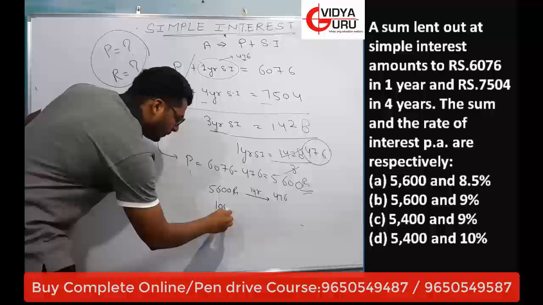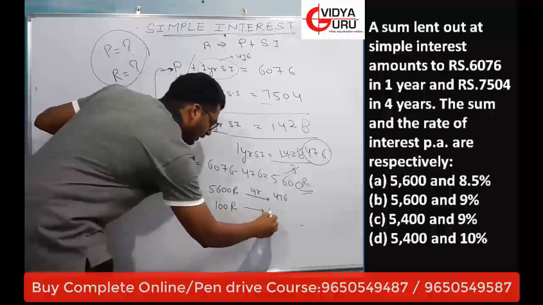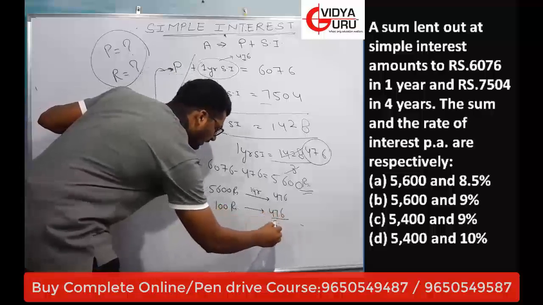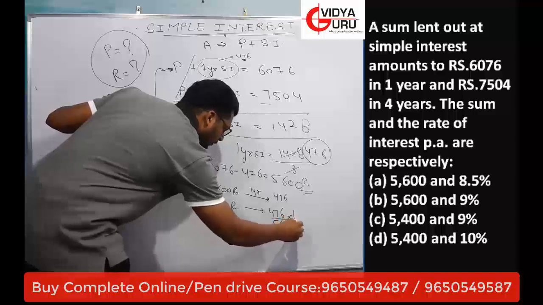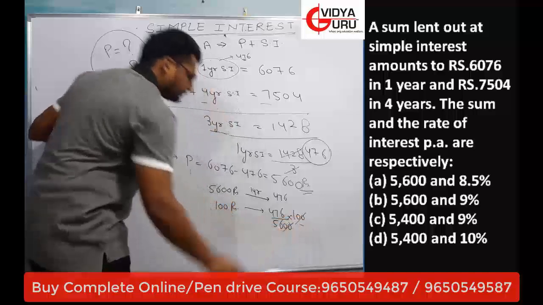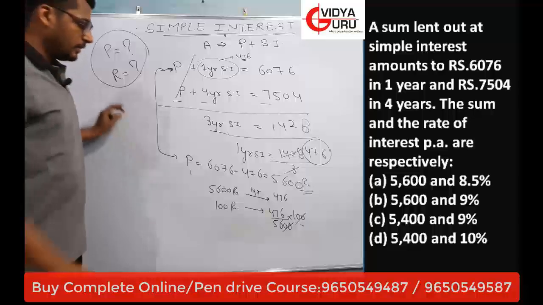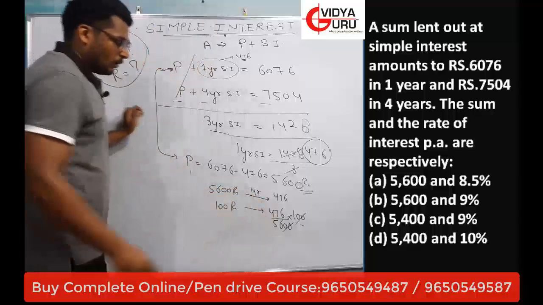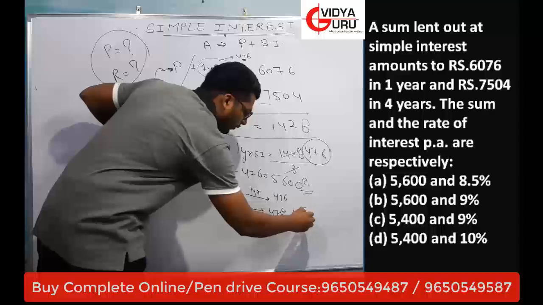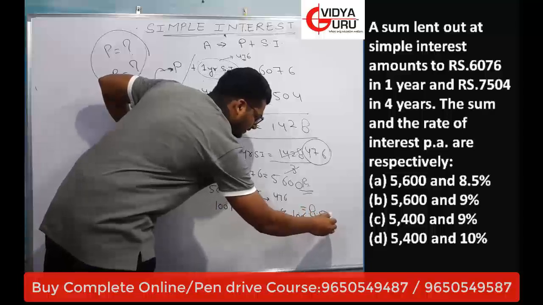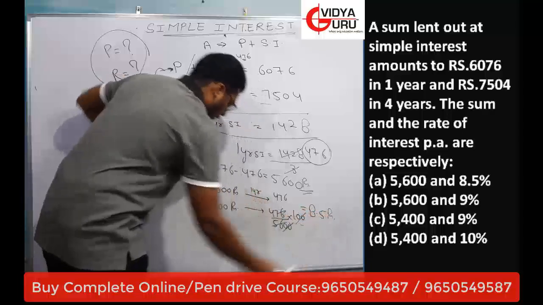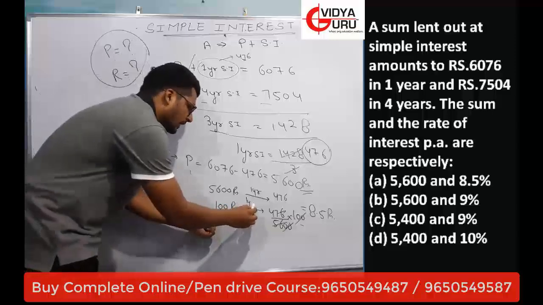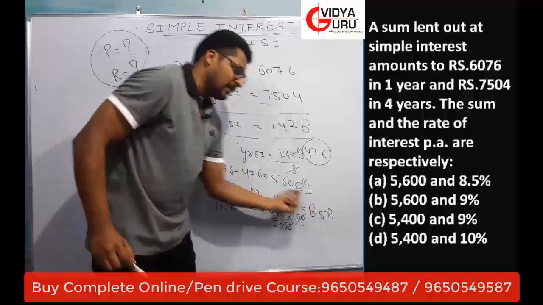So on 100 rupees, what will be the amount paid? 476 by 5600 into 100. Now if I cancel out, it will come 8.5. 8.5 rupees. On 100 rupees in 1 year, I am giving 8.5 rupees.